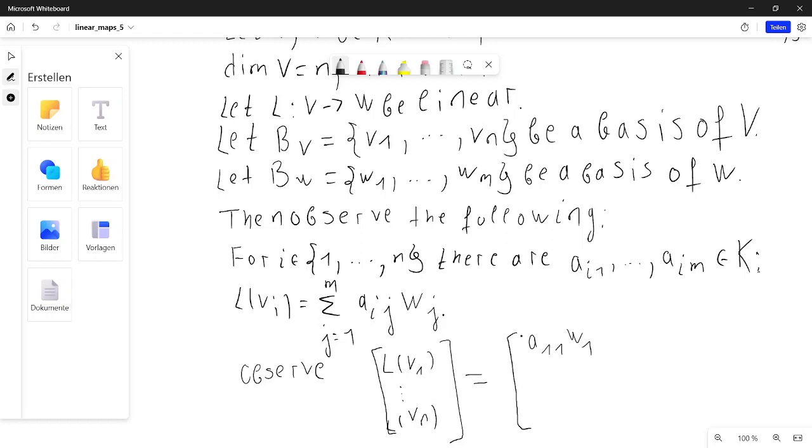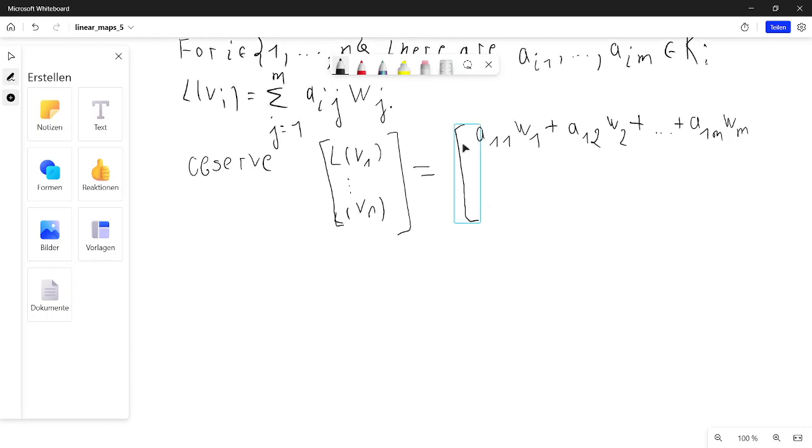And w_1 plus a_12 w_2 plus up to a_1n w_n. If I go on, of course, for L of v_2, we have correspondingly the coefficients a with the first index being 2, always kept, w_1, again a coefficient by w_2, according to this representation.